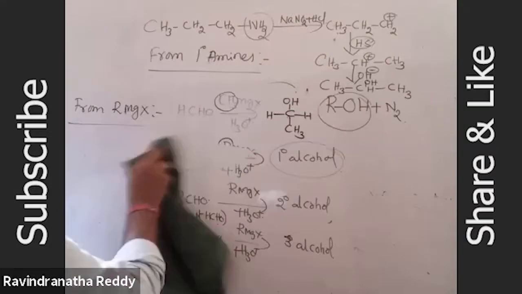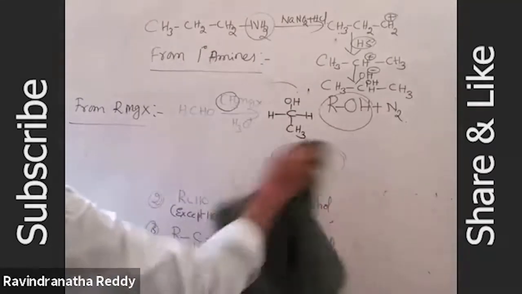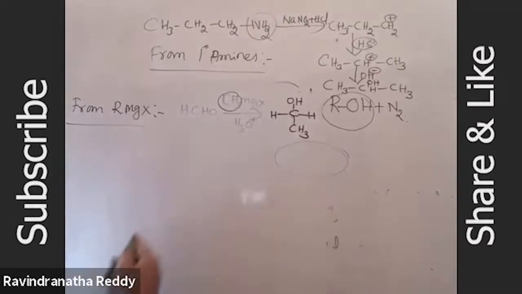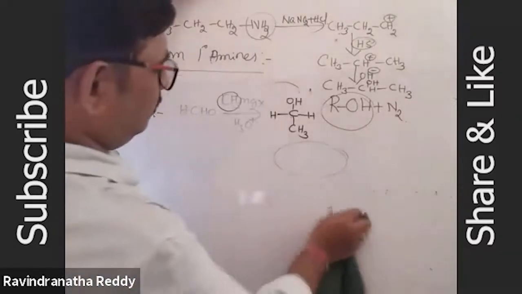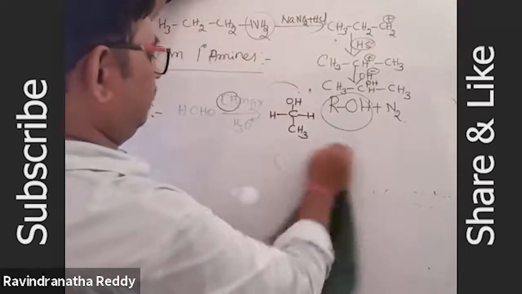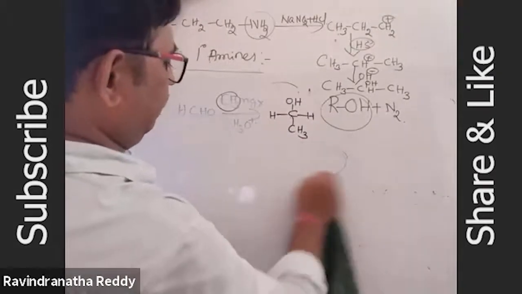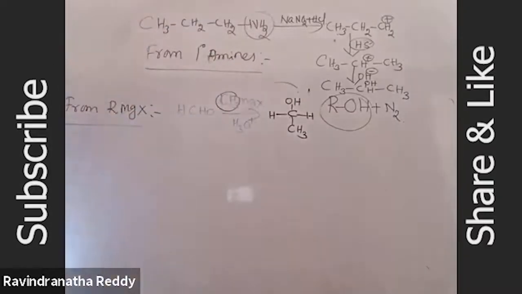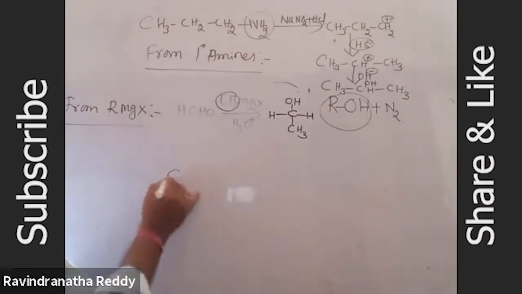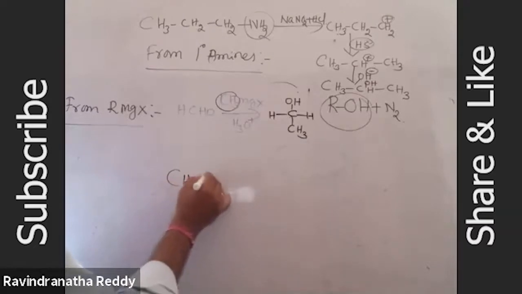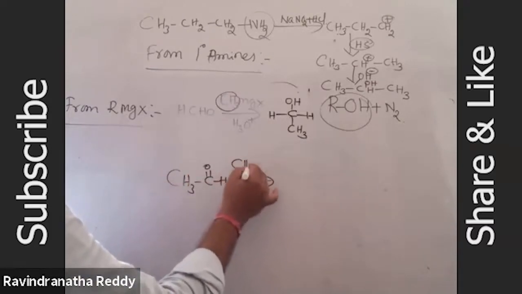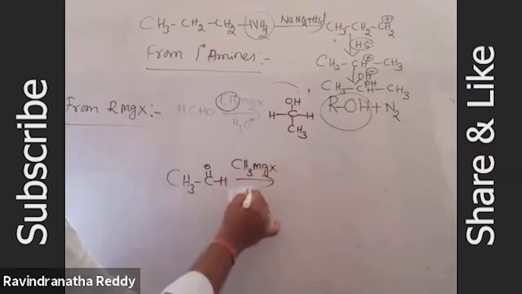Next, suppose the question is given: instead of formaldehyde, CH3CHO, Grignard reagent CH3MgX, followed by hydrolysis.